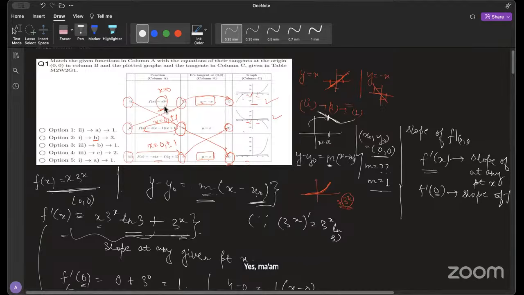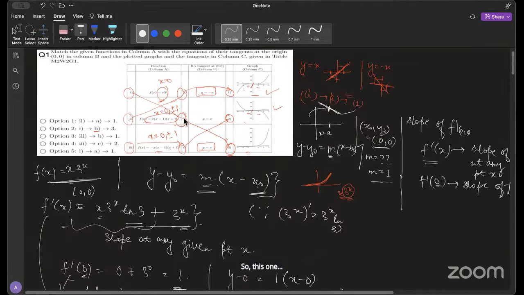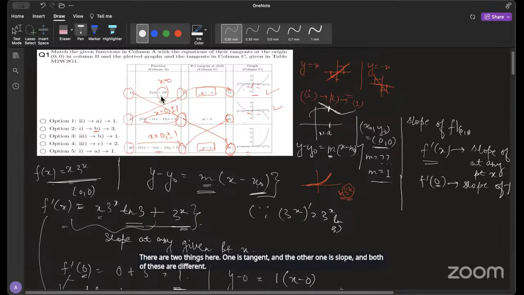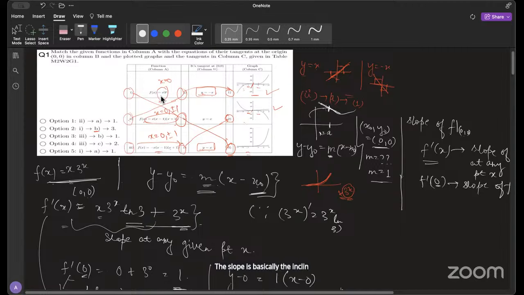Yes, ma'am. So in this one, for slope, there are two things here. One is tangent and the other one is slope. And both of these are different. So slope is basically the inclination of your tangent line, the angle that it makes, the tan of the angle that it makes. Slope is given by f dash x, and the tangent is given by this thing.